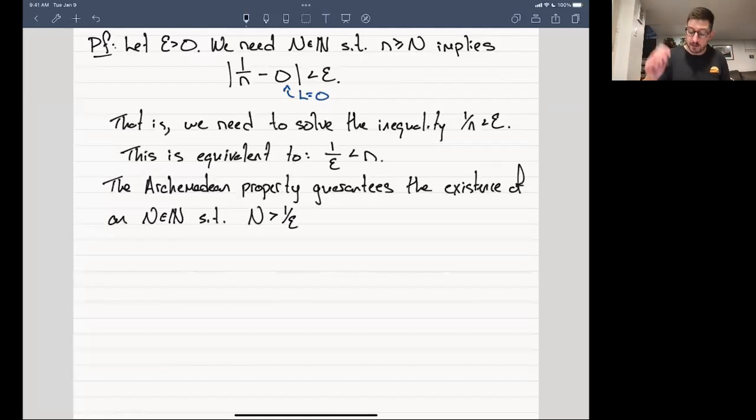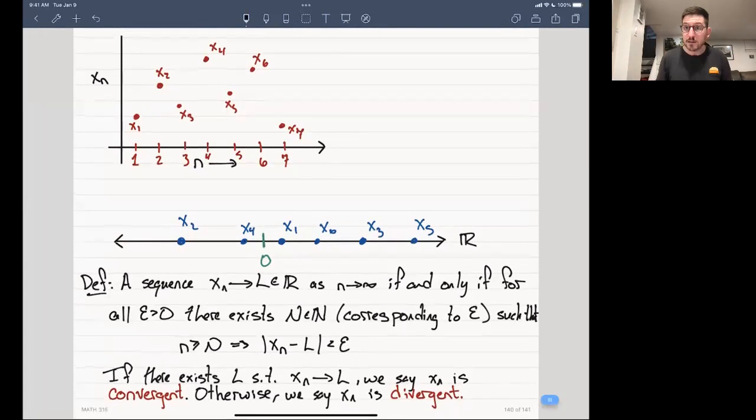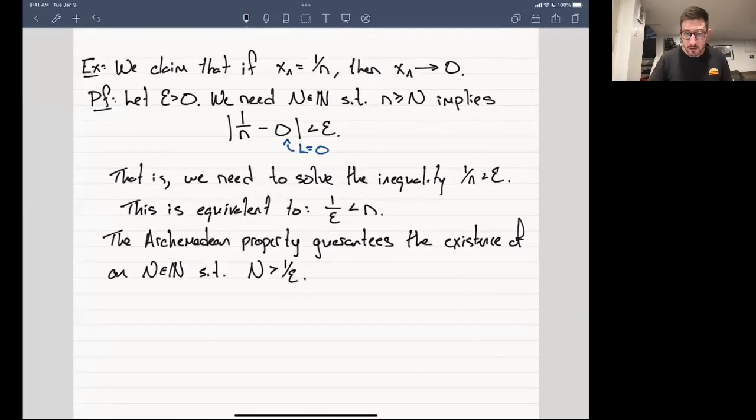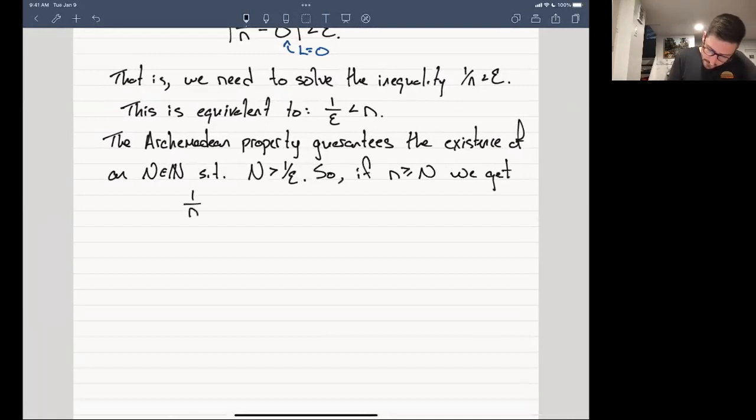The important piece here is that the value of capital N depends on, or corresponds to, the value of epsilon, just like I pointed out in the definition here. So then, if n is greater than or equal to capital N, we get, well, 1 over n is less than or equal to 1 over capital N, right?